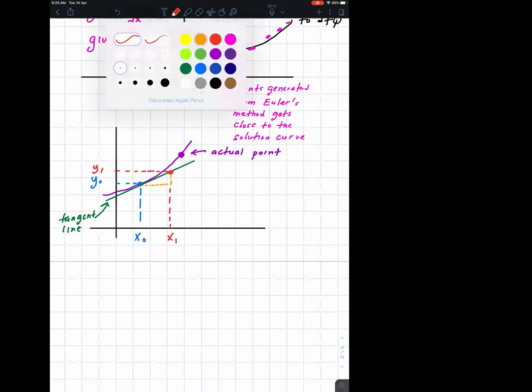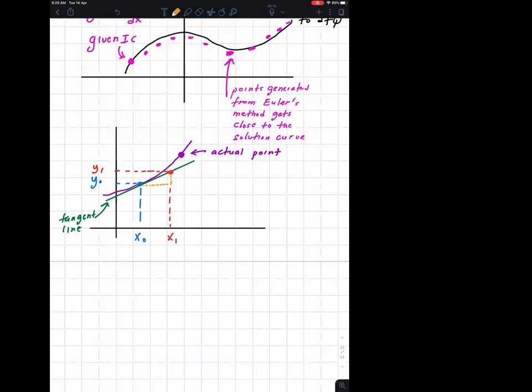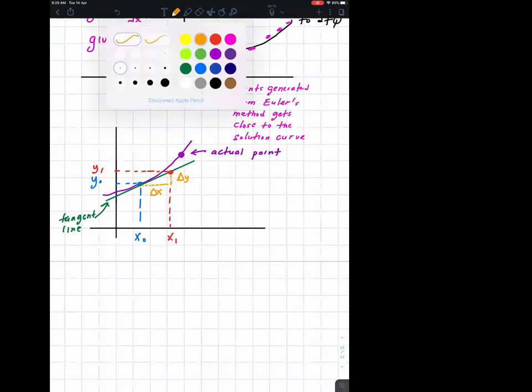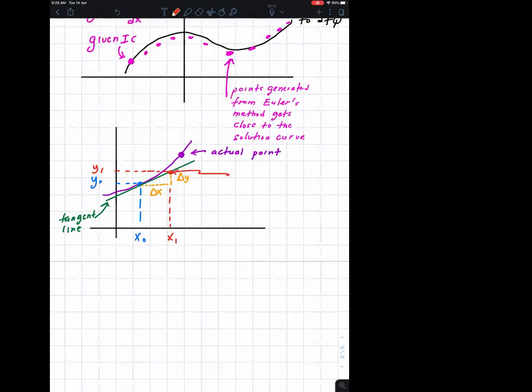You generate another point by finding the slope of this tangent line. The slope of this tangent line is delta y divided by delta x. This is an approximation close to the solution curve.